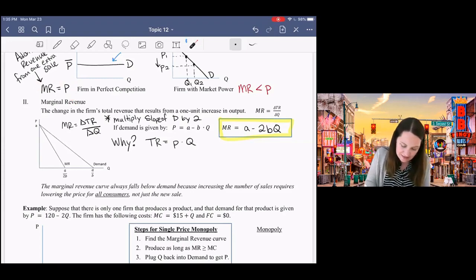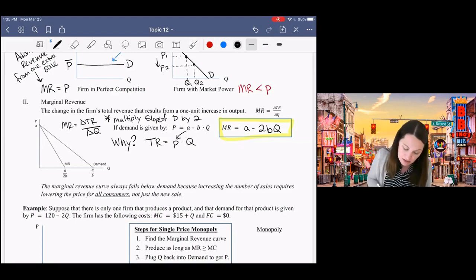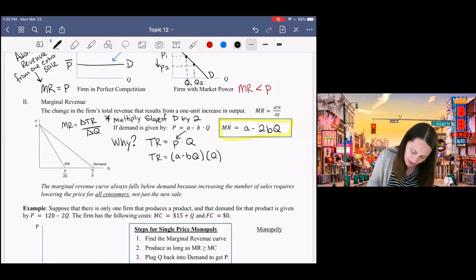But in this case, price is a function of quantity. We have a downward sloping demand curve, meaning that the price you set determines how much you will sell. So in our total revenue function, we need to plug in the relationship between price and quantity, which is given by the demand curve. And we can simplify that.